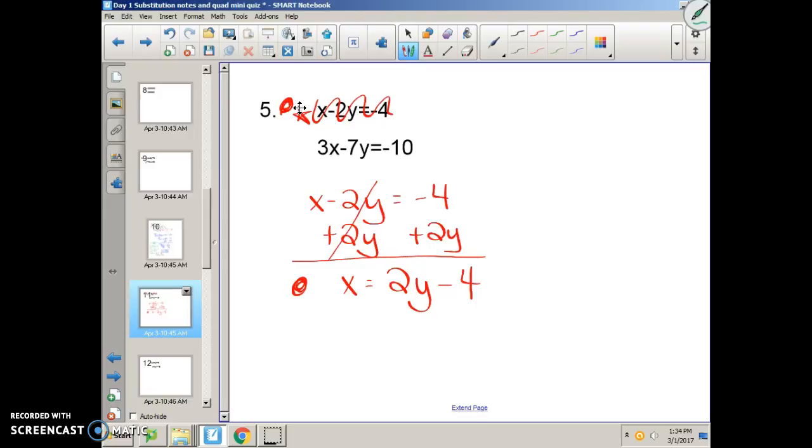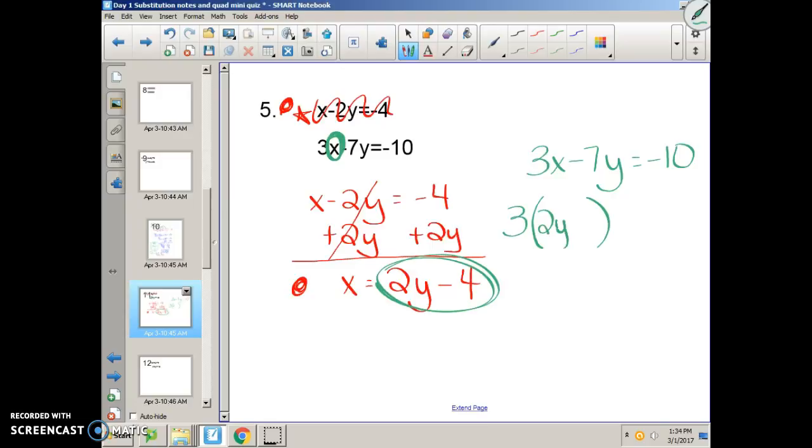That means wherever there's an x, I can replace it with 2y minus 4, so I'm going to do that right here. So 3x minus 7y, I'm just rewriting it over here to get a nice fresh space. In place of x, I'm going to put a big group and put 2y minus 4 because I found out that that's what that equals. Everything else stays exactly the same.